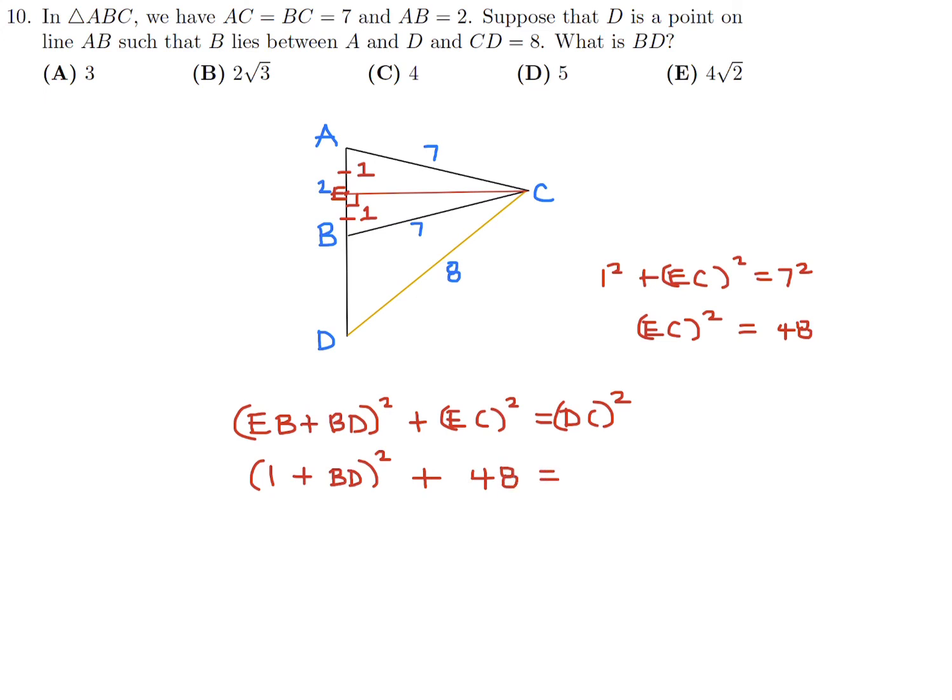And then DC squared is 8 squared, which is 64. So we got (1 plus BD) all squared equals 64 minus 48, which is 16. And then if you take the square root, you'll get 1 plus BD is equal to 4. And therefore BD is equal to 4 minus 1, which is 3. So number 10, the answer is A.